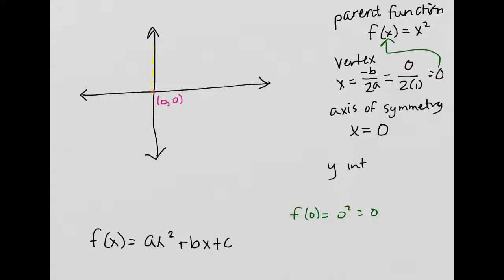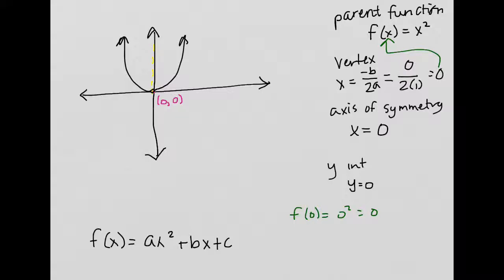Okay, so in this case, the axis of symmetry is x equals 0, and the y-intercept is c, so it's y equals c. Well, we said it equals 0, so the y-intercept also happens at that same place. Now, let's give this graph some shape. So this is what it looks like. In theory, if I fold it over that axis of symmetry, it'll be exactly the same on both sides.